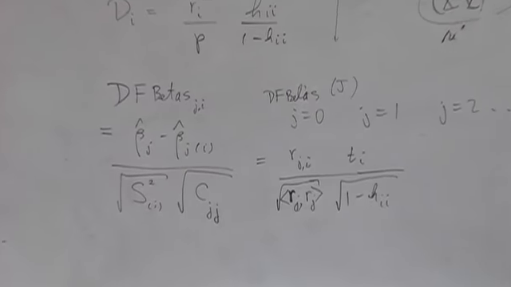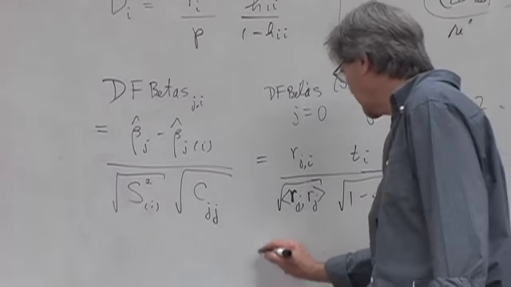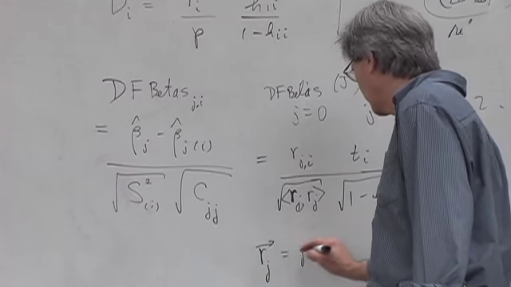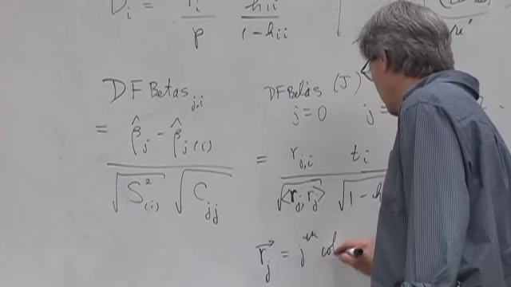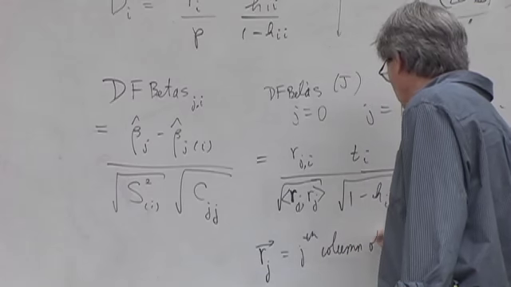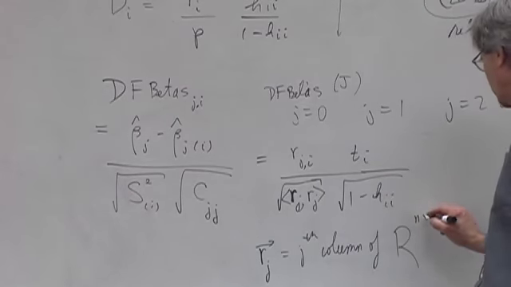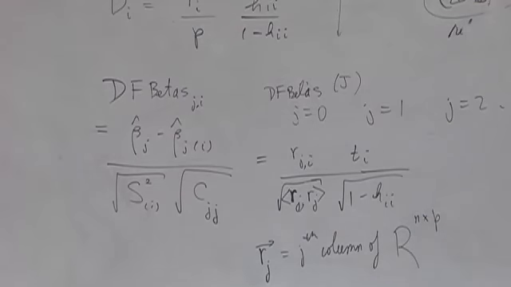What is rj? rj equals the jth column of the R matrix, which has n rows and p columns, where p in this case was 10 for your example.